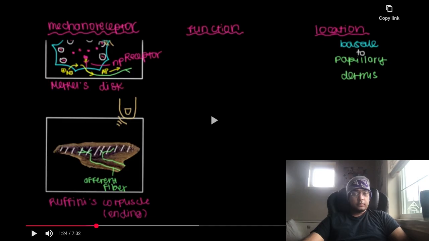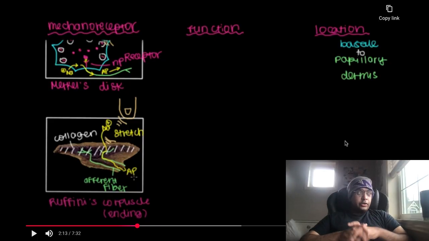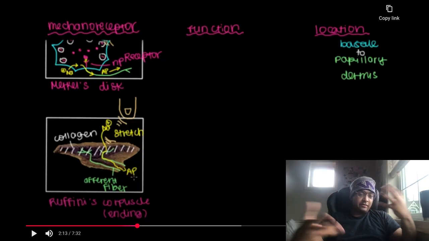So we have collagen as well. So collagen, if it shifts, it's kind of like this large scale afferent web.